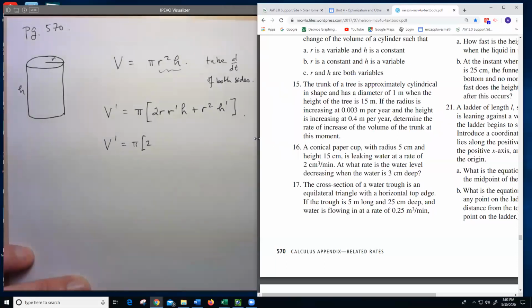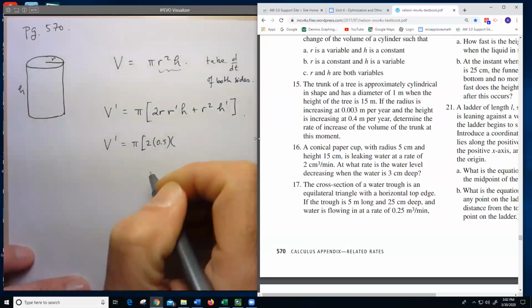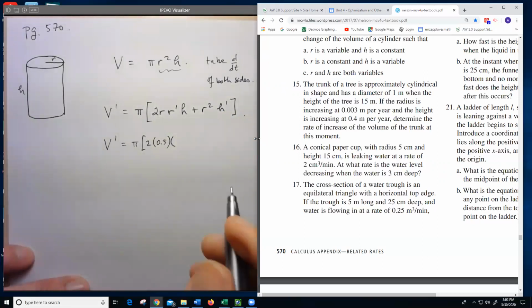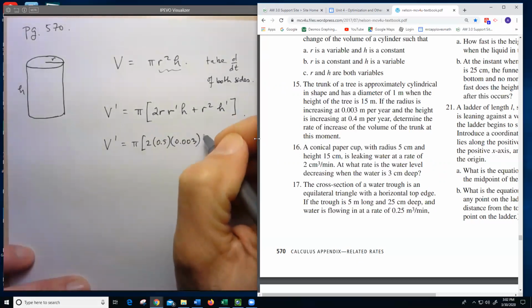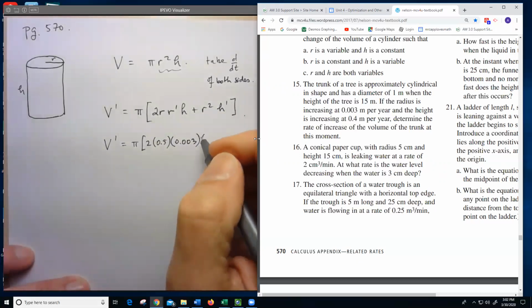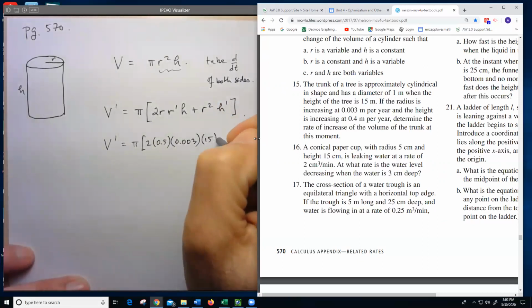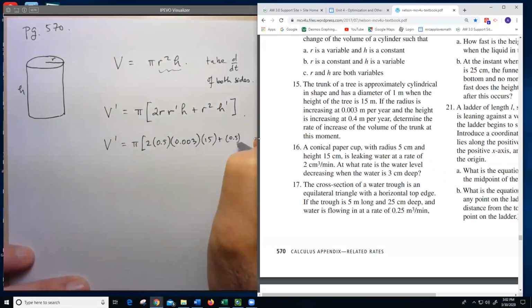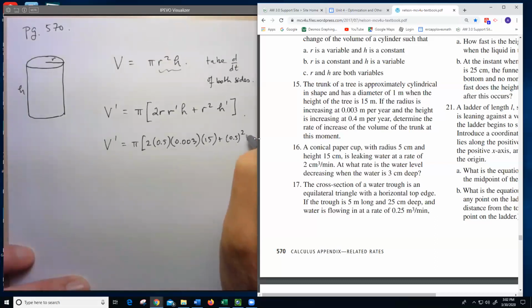So this is going to be 0.5 times r prime, which is 0.003, times h, which is 15, plus r squared, so that's 0.5 squared times h prime, which is 0.4.